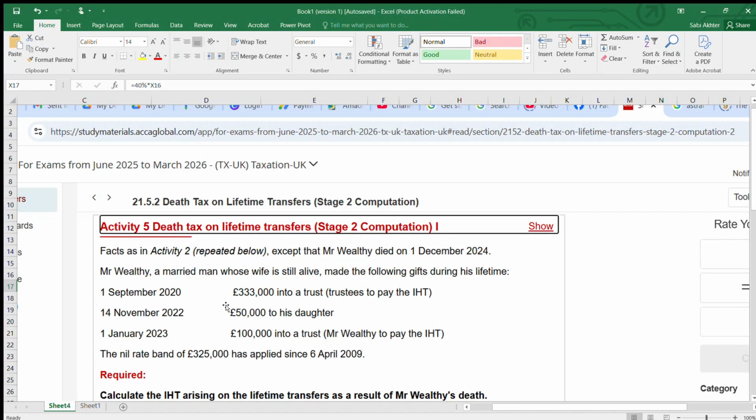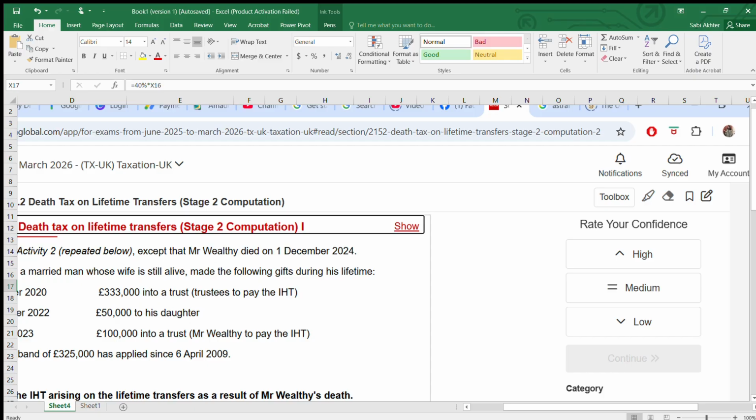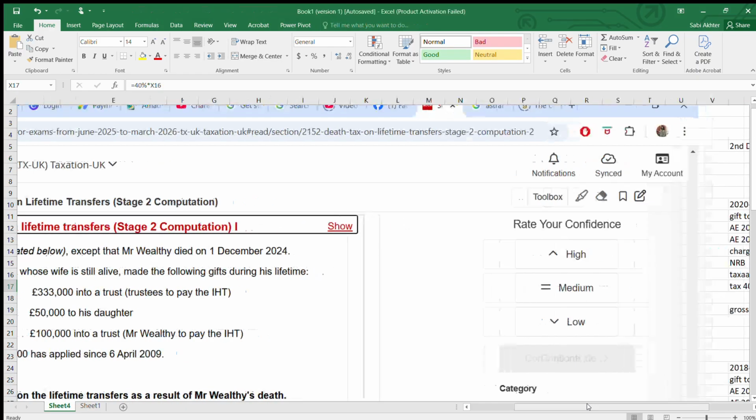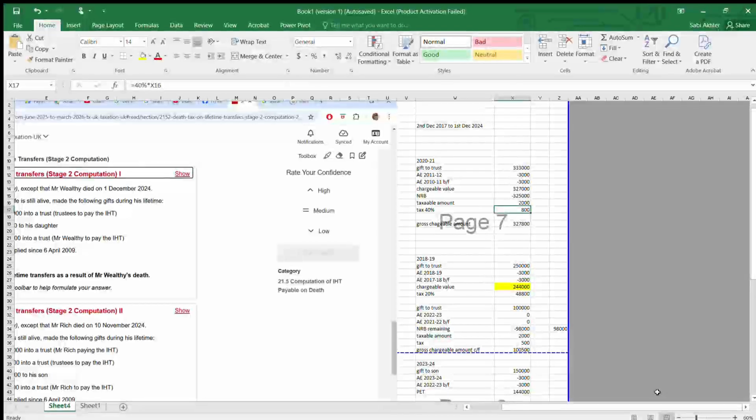It's 1st September 2020, and if we take it to December 2024, it is between 4 to 5 years, more than 4 years but less than 5 years. So which rate should apply? 40%. In case you forgot the taper relief, you start with year 3. Year 3 to 4 is 20%. Next, year 4 to 5 will be 40%. And if you know the starting point of taper relief, it's easier for you to work out.